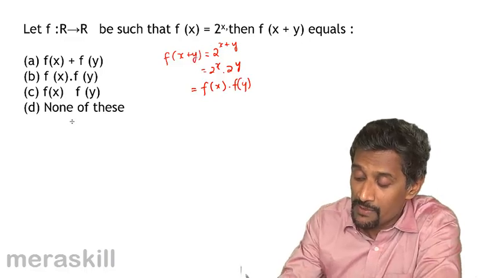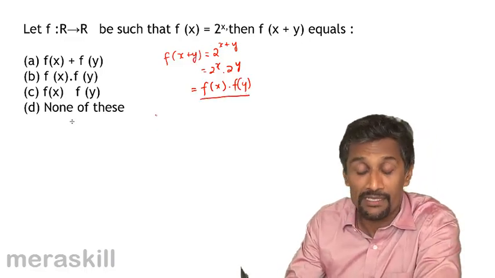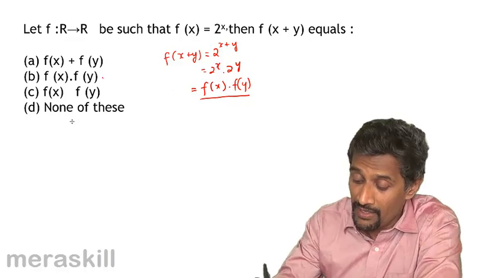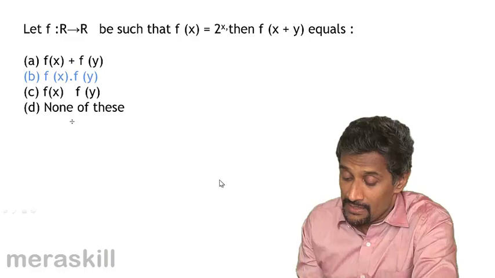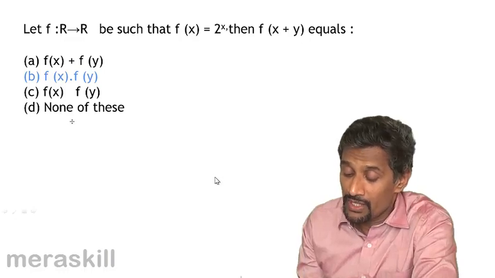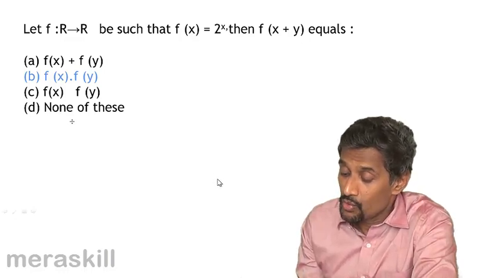So f of x plus y is nothing but f of x into f of y. That is option number B. Let's see what we have. Yes, we do have it right here.